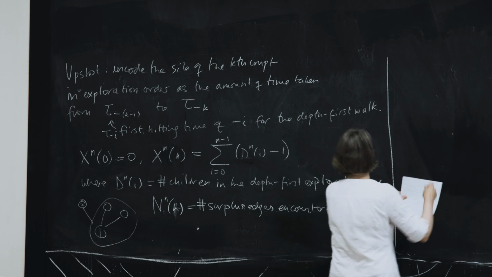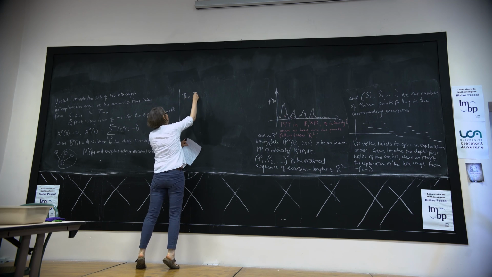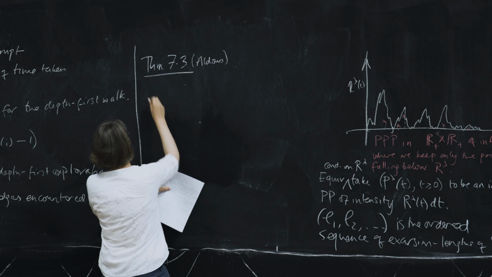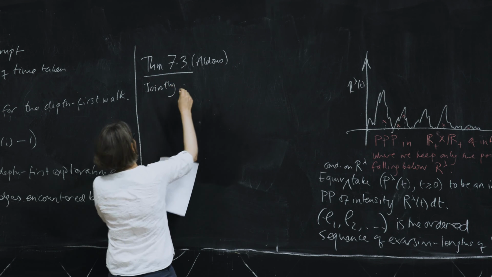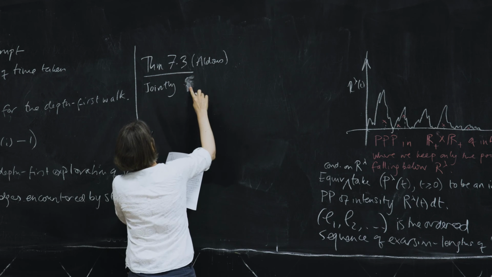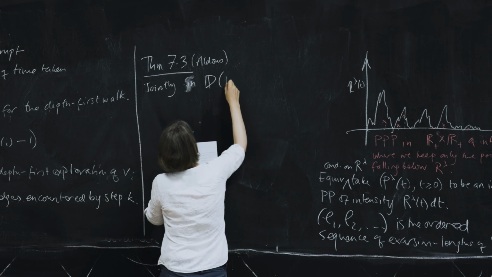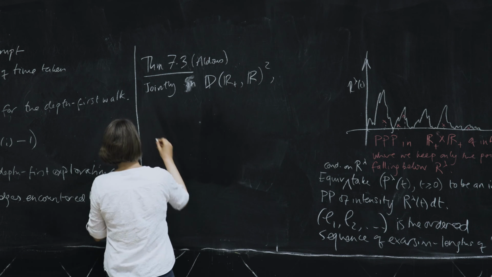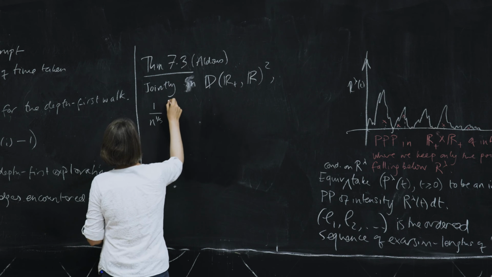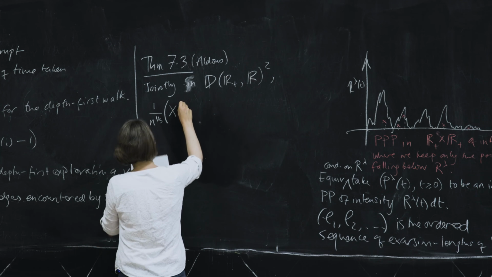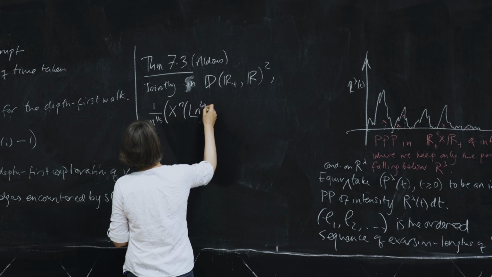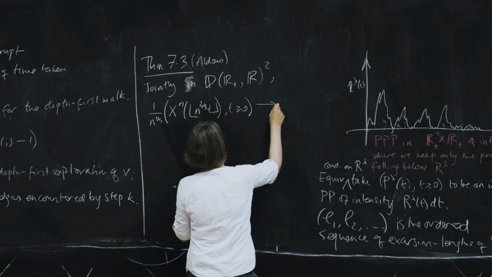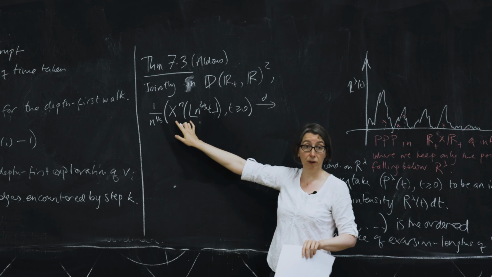So then the key to everything is the following convergence theorem. Okay, so jointly in the Skorohod space, so jointly in, so I'm now thinking about R plus R. So let me write this down and then talk you through it. So this is my depth first walk.